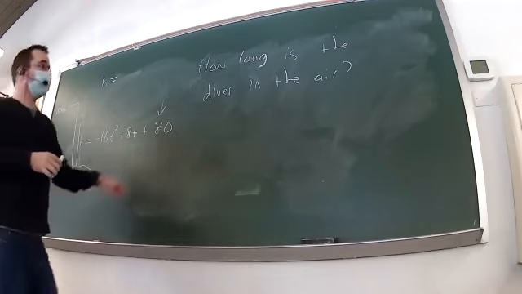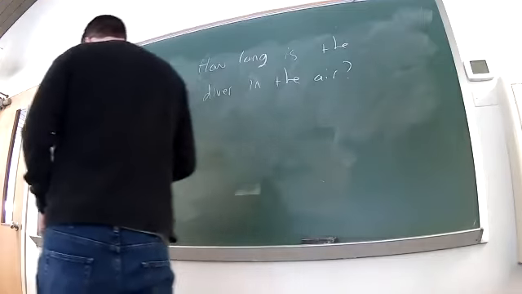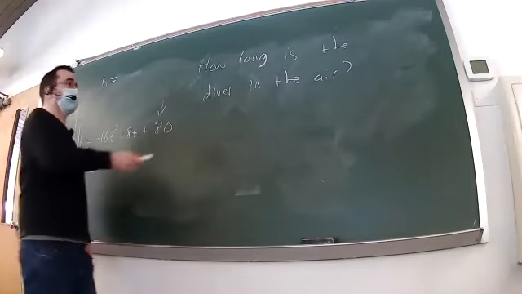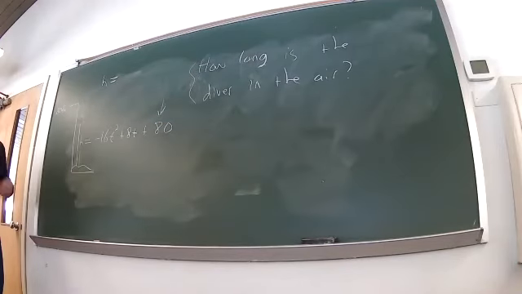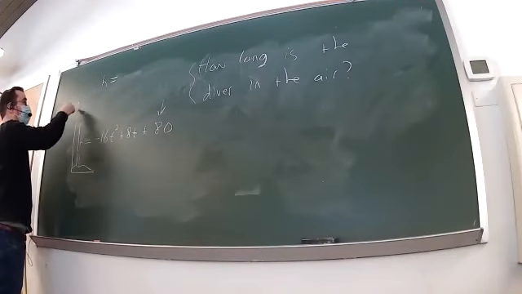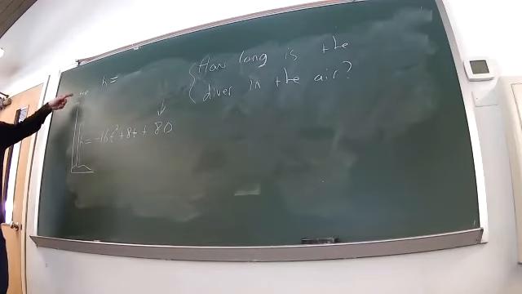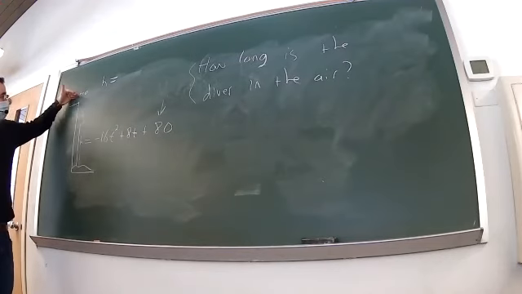So when I'm asking how long is the diver in the air, another way to restate this is to say, at what time did the diver hit the water? Because if I'm thinking of when you jump as t equals 0, then my remaining height is a function of how many seconds have elapsed since I jumped.